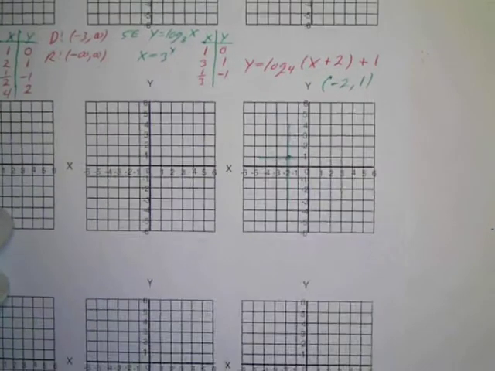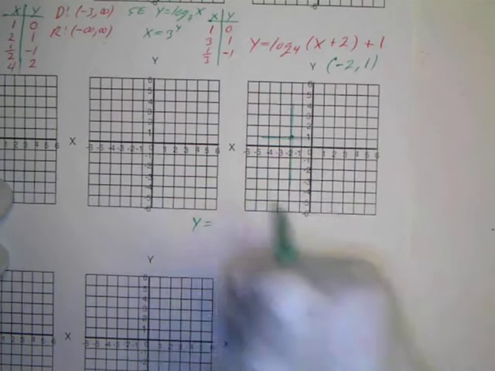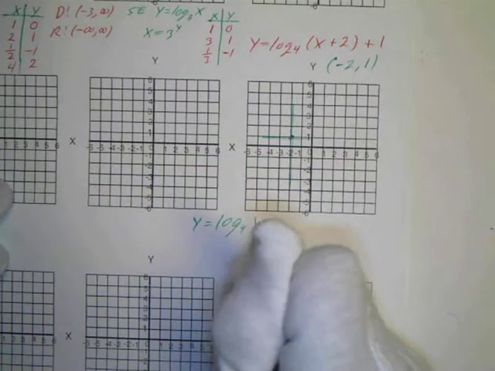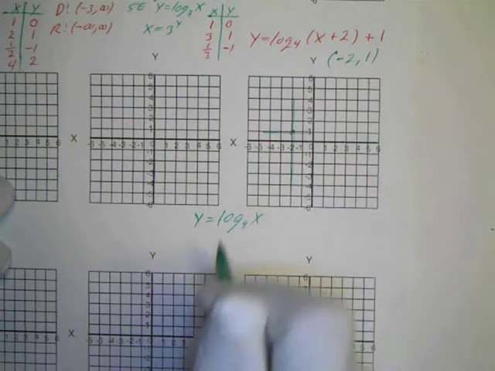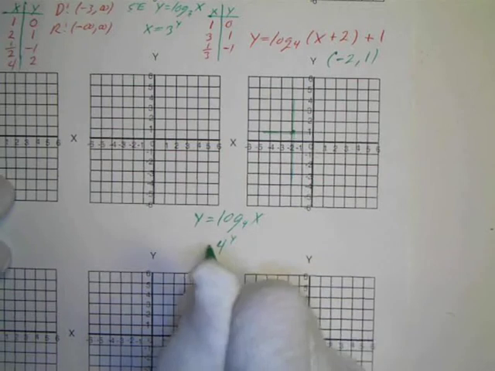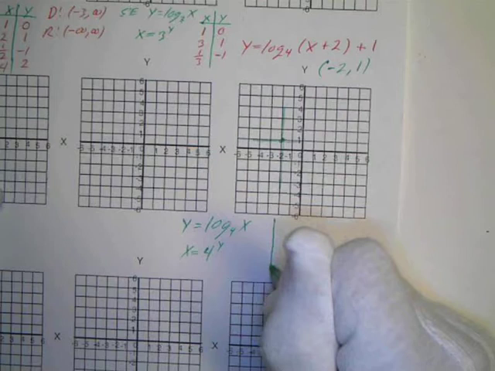Now let's find our shape equation. So that's going to be y equals log to the base 4 of just x. And if I change that to an exponential equation, my base is 4, my exponent is y, and my answer is x. And then I'll make my table of values.